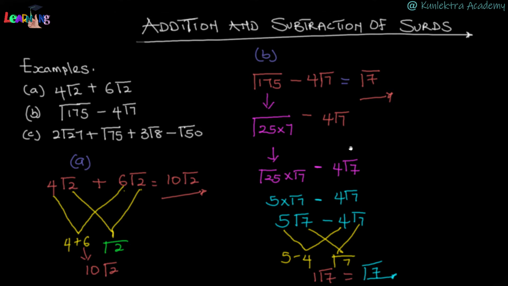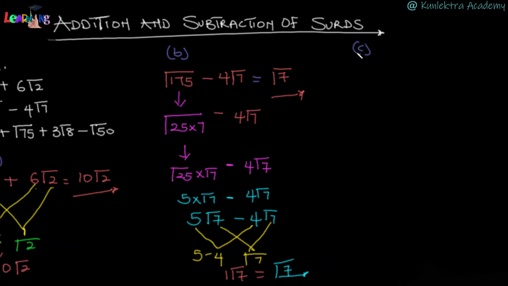For the third example, for C, you have 2 root 27 plus root 75 plus 3 root 8 minus root 50. Now you have a lot more to do here by simplifying all the larger surds we have in this question. Now let's start. Simplify this because we have larger surds there. What are you going to have?